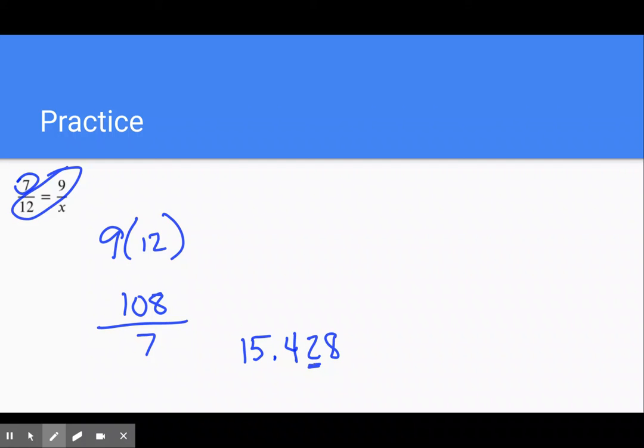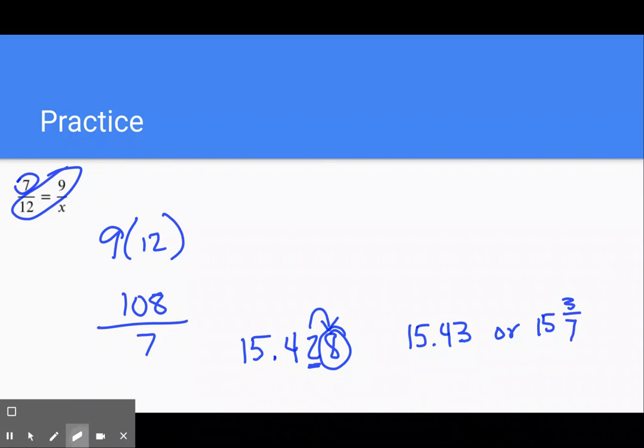And we're going to round to the hundredths place. So if this number right here is 5 or more, you add one more to this 2 right here. So it's really 15.43, or 15 3 over 7.